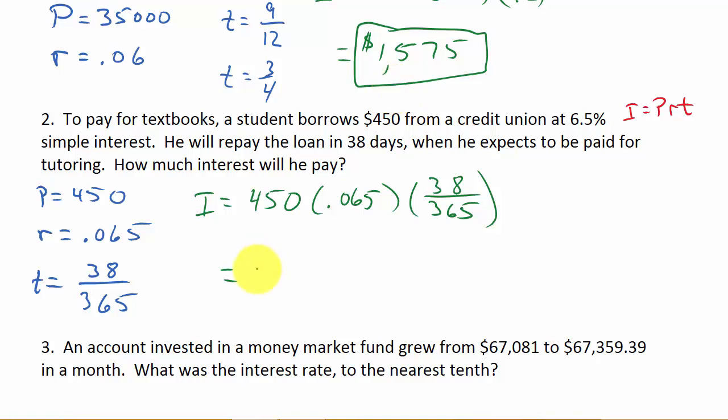And that is going to give us 3.05 when we round it. When you're dealing with money, round it to two decimals. So that's the amount of interest he would pay. Not a lot of interest.